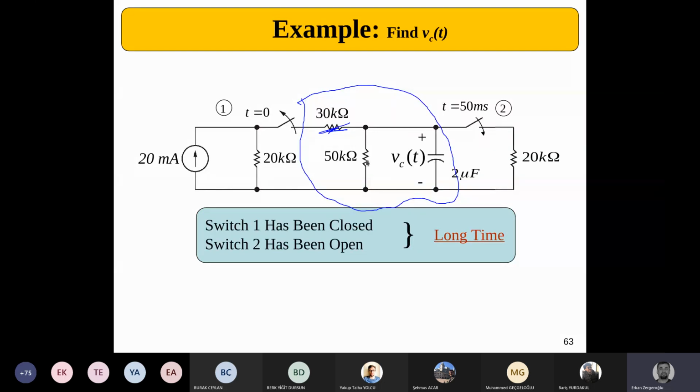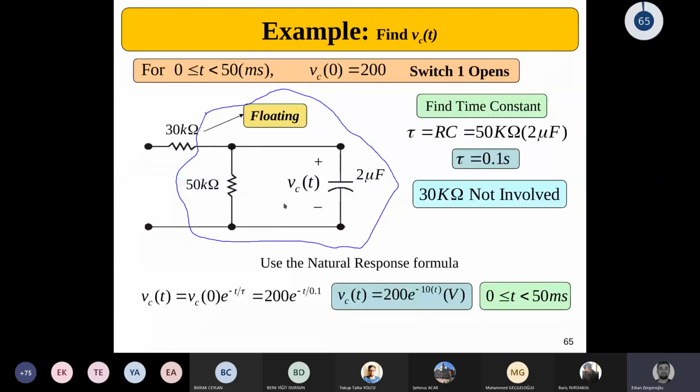So all I have is an RC circuit of this manner, and we have an initial voltage of 200 volts, and it's dissipating on this 50K ohm resistor. Since there are no external sources, it's just the natural response of the system.